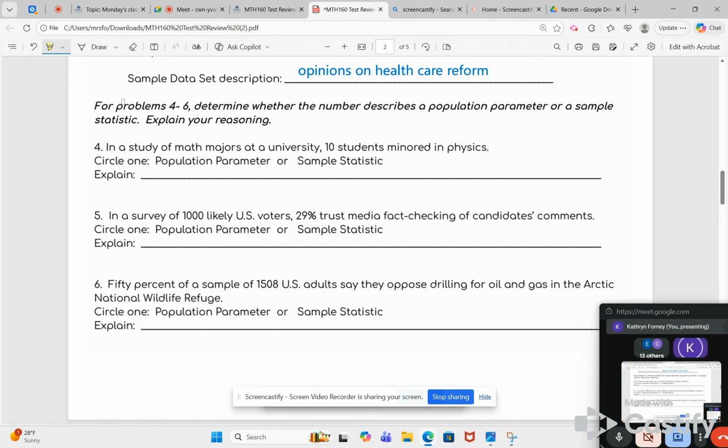They looked at all of them, but then we picked out 10 students minored in physics. Does the 10 students represent the entire population, or is it a sample statistic? Is it a portion of the population? Sample.